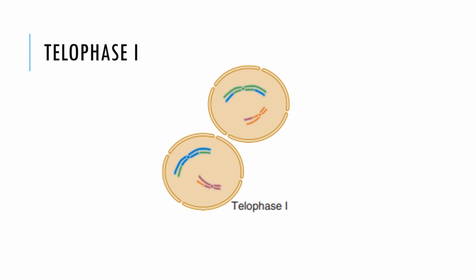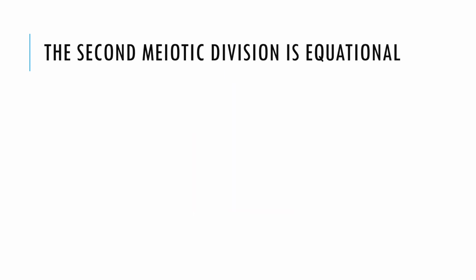In telophase, the spindle breaks down and, depending on the species, either a nuclear envelope briefly forms around each group of chromosomes, or the chromosomes enter the second meiotic division after only a limited uncoiling. The second meiotic division is equational, which is comparable to mitosis.